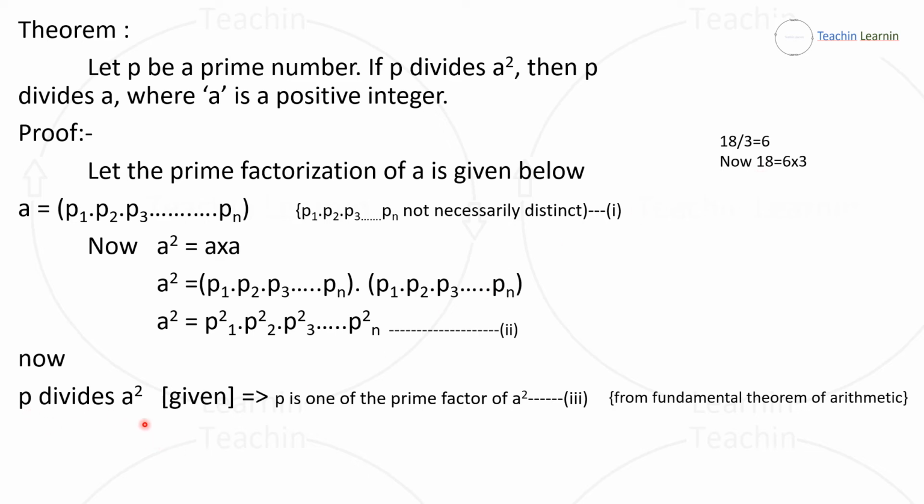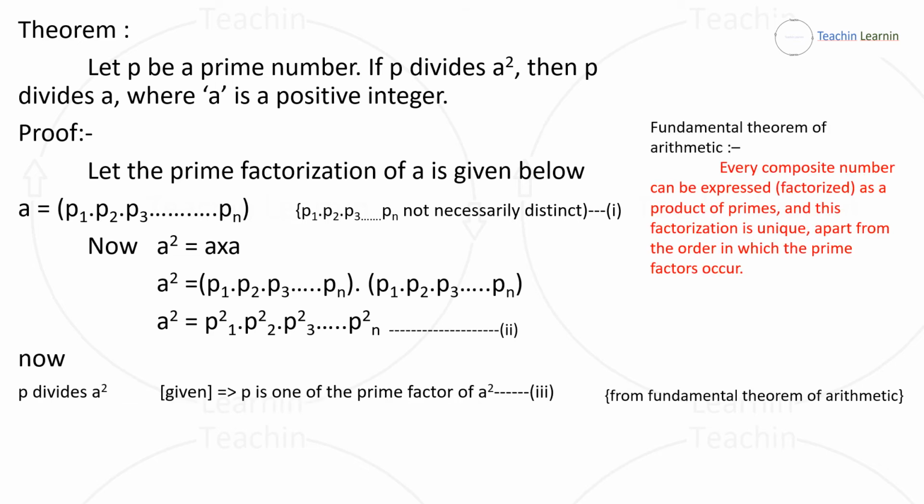So if P divides A square, P is one of the prime factors of A square, and it comes from the fundamental theorem of arithmetic. We have written the fundamental theorem of arithmetic to refer to quickly when required.